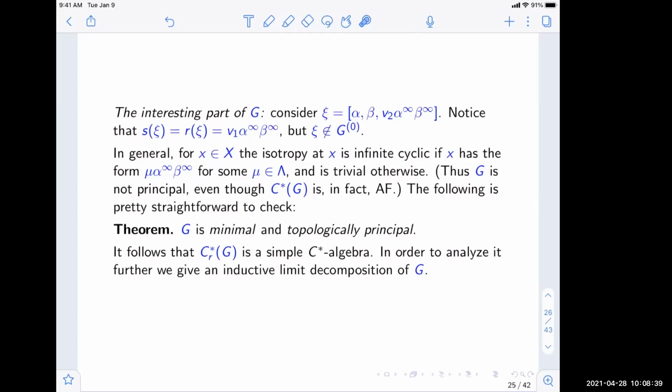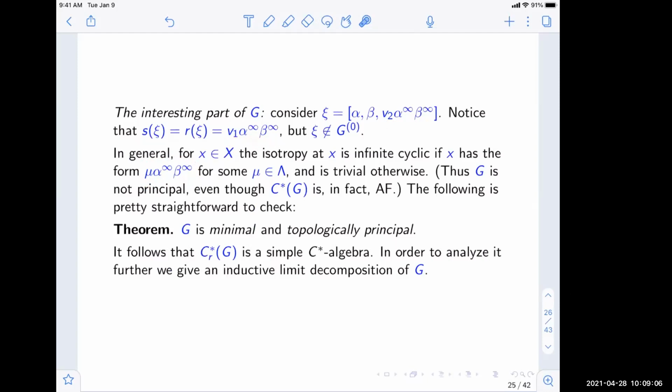So this generates the isotropy at this point, the common range and source. So the isotropy there is infinite cyclic. And in general, these are the points of X that have non-trivial isotropy, always isomorphic to the integers.